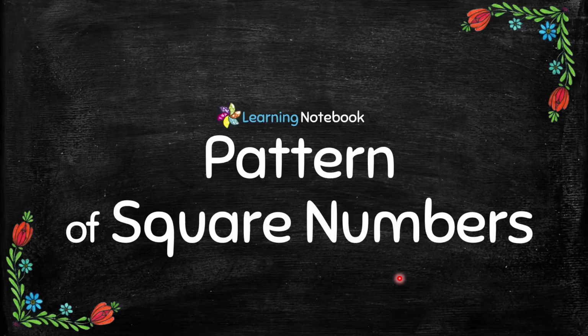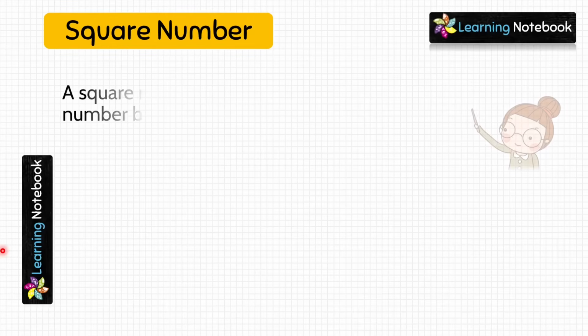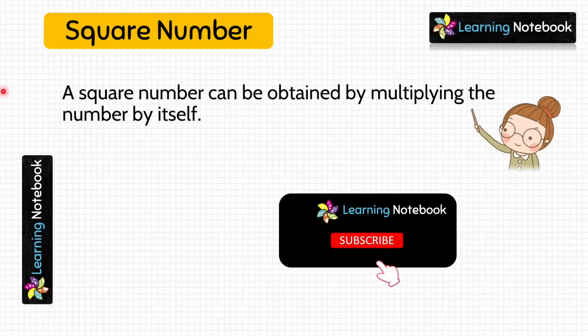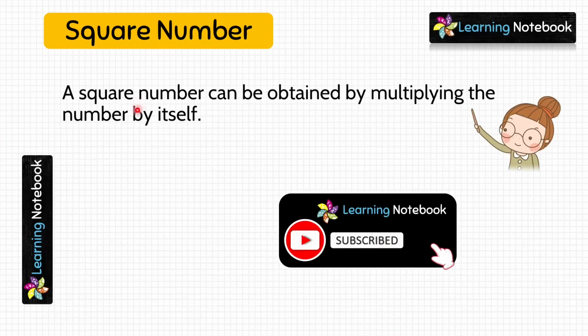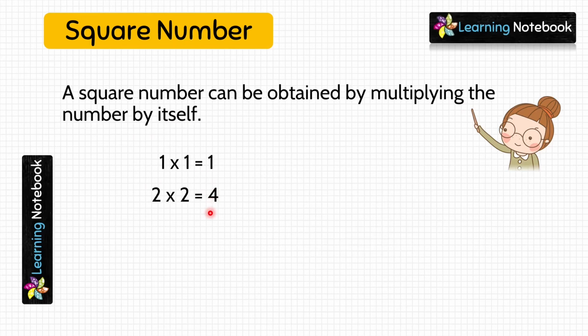Let's move to our next topic, which is pattern of square numbers. First, let's understand what is a square number. A square number can be obtained by multiplying the number by itself. For example, 1 into 1 equals 1, 2 into 2 equals 4.